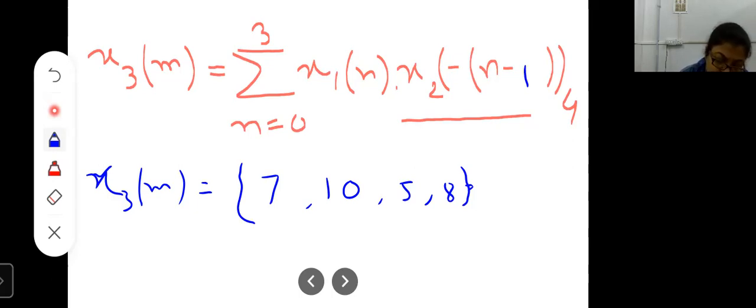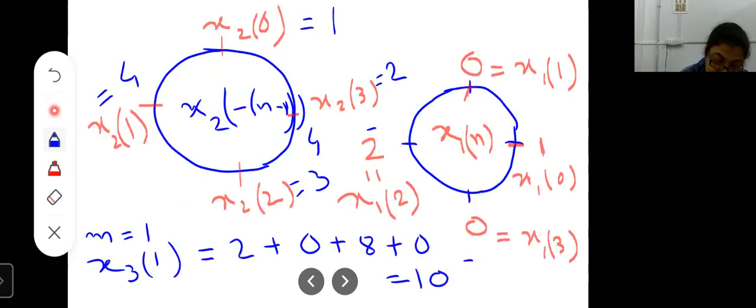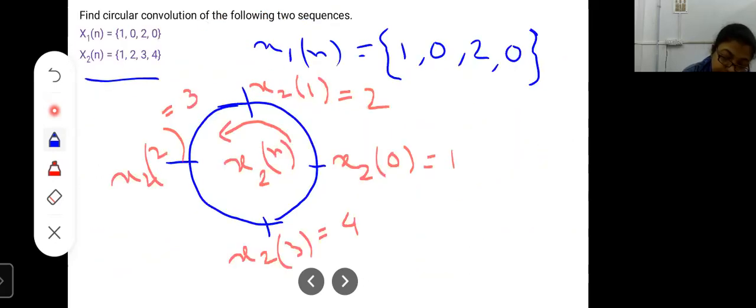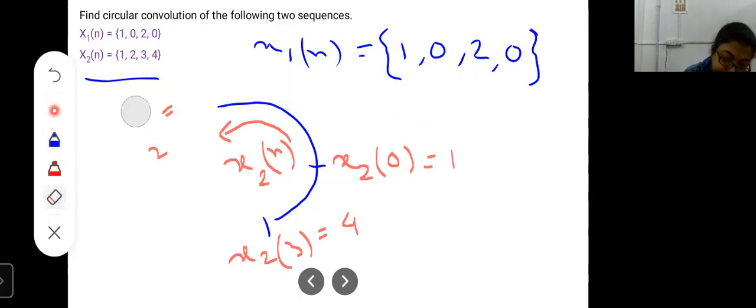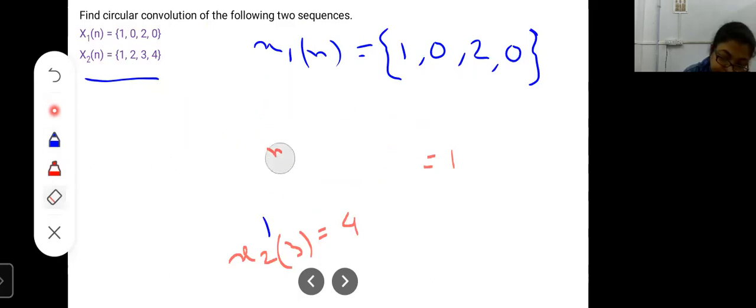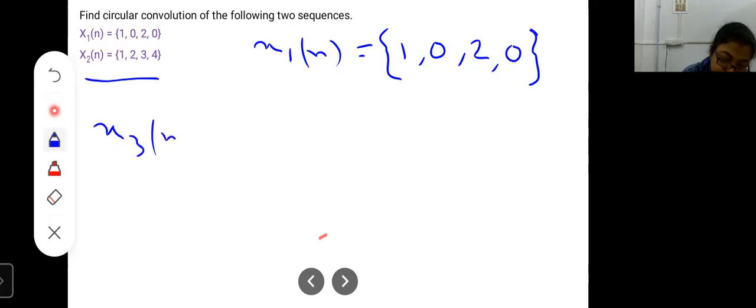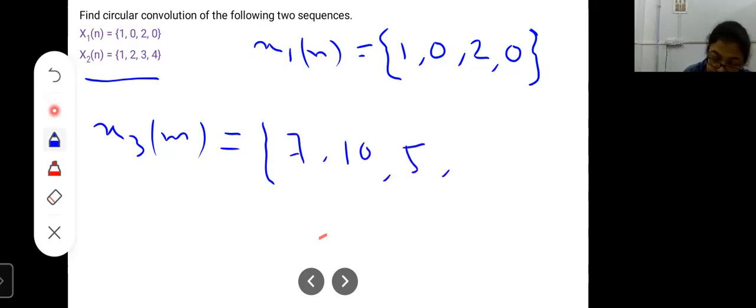Now after doing everything, we have to check whether your answer is correct or not. So how will we check it? I'm writing it again. The x3[m] we got is 7, 10, 5 and 8.